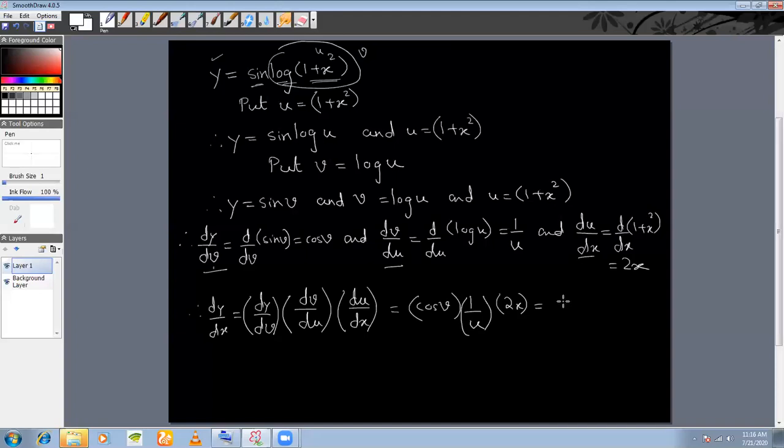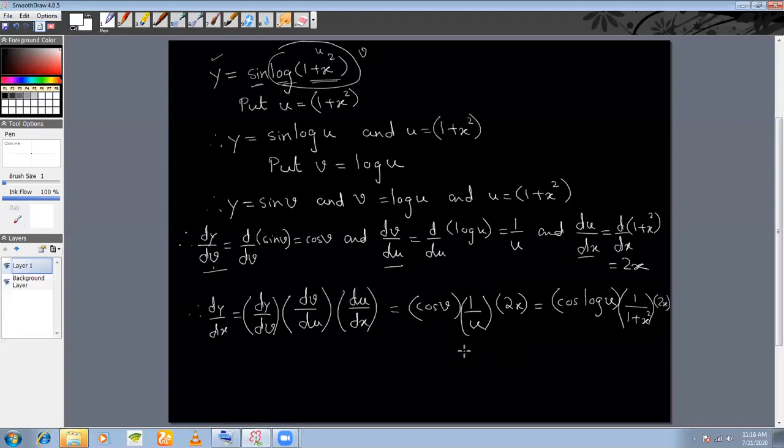Cos v, v is what, log u, so you put back the value of v, so you get cos log u, and u is what, 1 plus x square, 1 by 1 plus x square, and you have this 2x as it is.